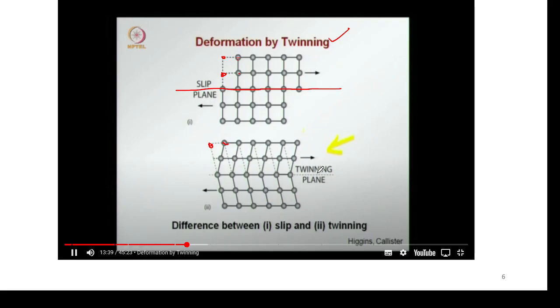So which one requires the highest amount of energy, slip plane or twinning plane? The answer is twinning plane, because we require a large amount of force and energy to displace a large number of atoms compared to slip. So twinning requires a high amount of energy.